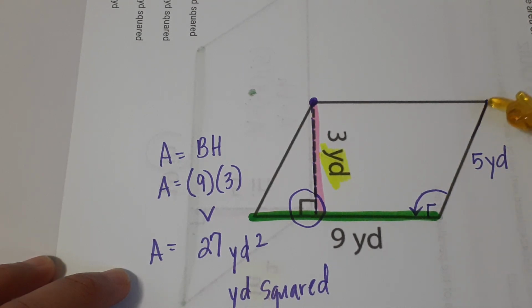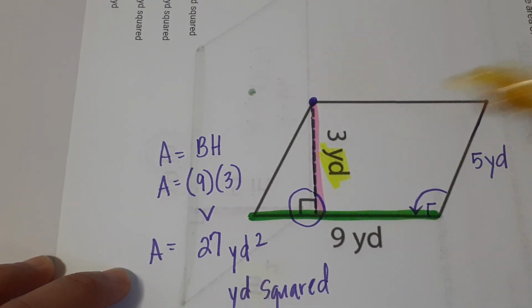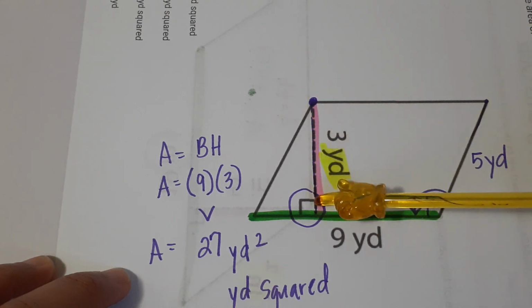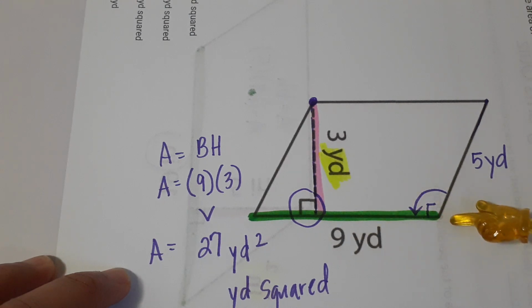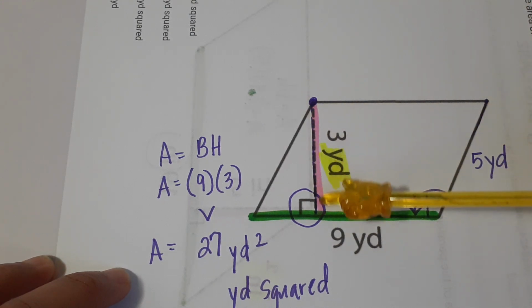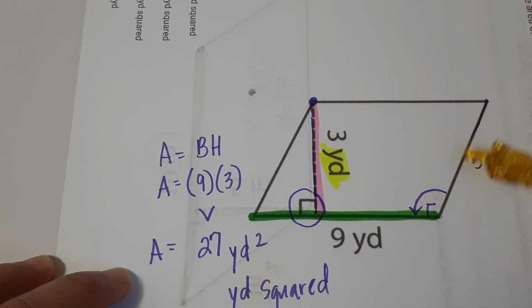If a ball is sitting at the top of a building, it will fall straight down, creating a 90-degree angle with the base. So the height would be 3 yards. This number right here that they're going to throw in a quiz or a test is not the height.